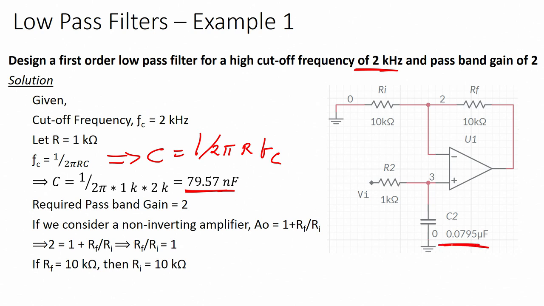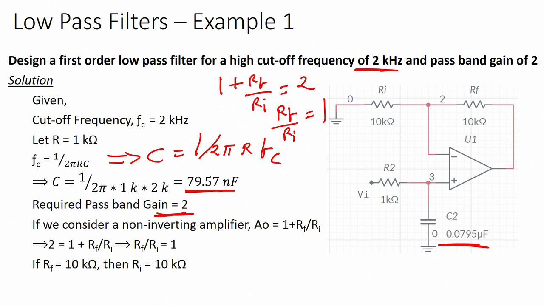The required passband gain is 2. So, we have the formula 1 plus RF by RI equals 2, correct. Now, if that is the case, that means my RF by RI would be 1, that is 2 minus 1, right.